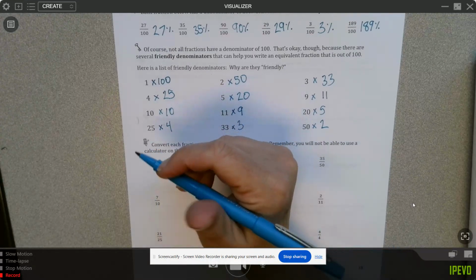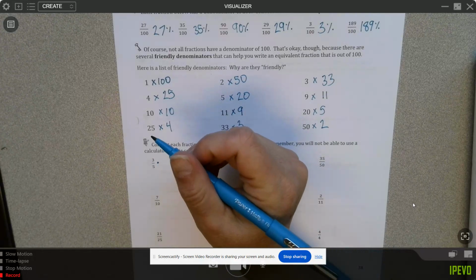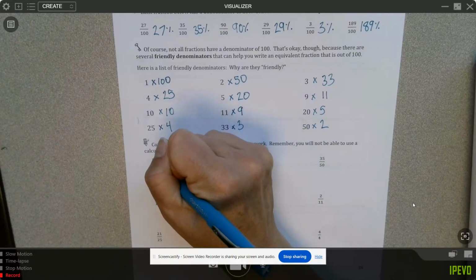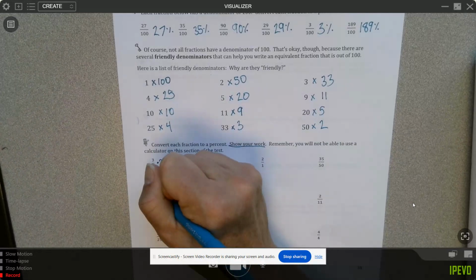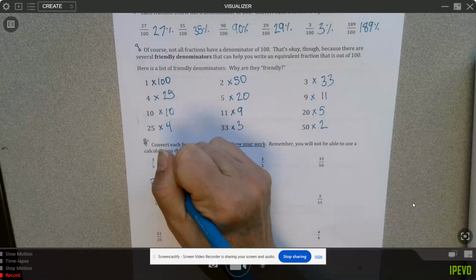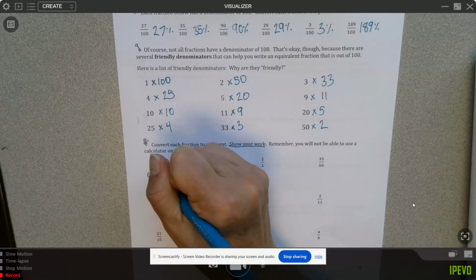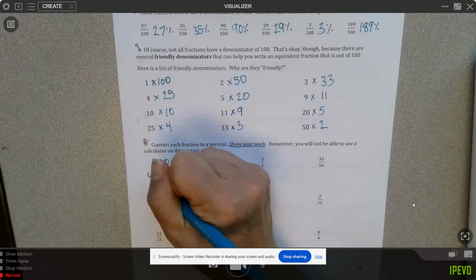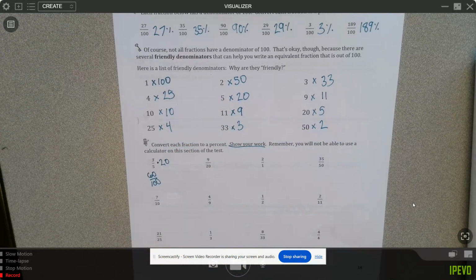If my denominator is a 5, Natalie, what should I multiply by? 20. Whatever I multiply my denominator by, I multiply my numerator by. So 5 times 20 is 100, 3 times 20 is 60. So now I have 60 hundredths. Now it's the easy fraction. What's my percent? Rocco? 60%.